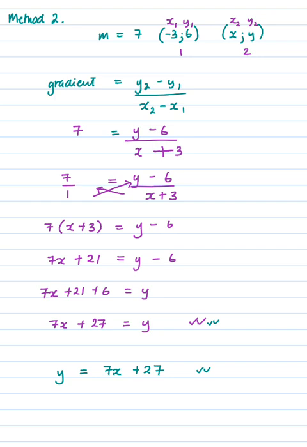So you have your details: your gradient, your first point, your second point. Then you work out that the gradient is equal to the formula and replace the values. Then you do cross multiplication, then we simplify, and then we get your answer.